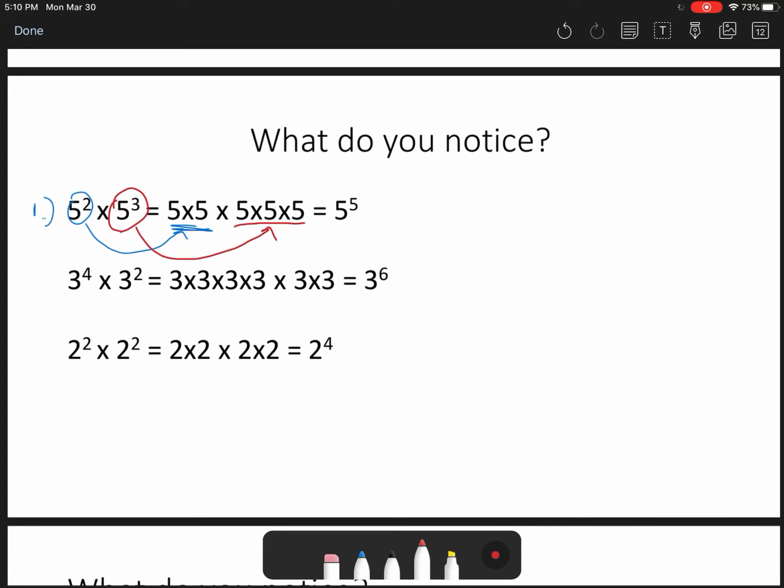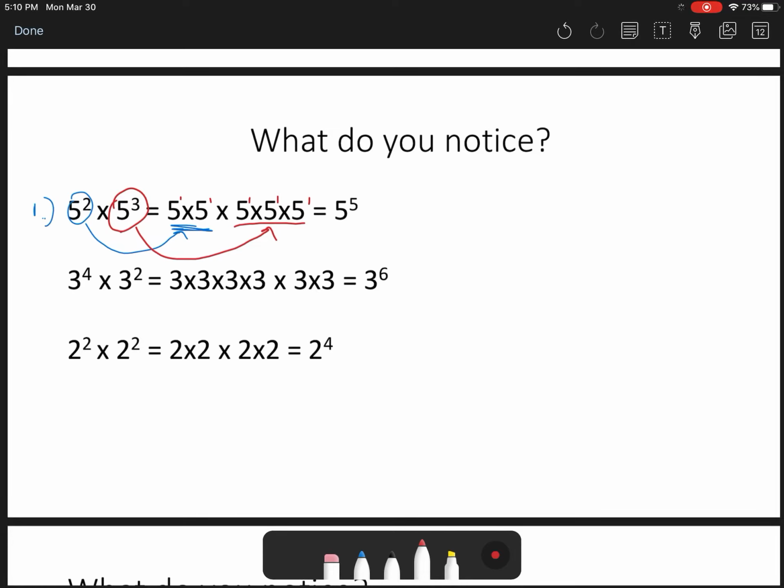How many 5s do I have in total? I have 1, 2, 3, 4, 5. They're all 5 to the 1st power. So I have 5 5s, which give me 5 to the 5th power.